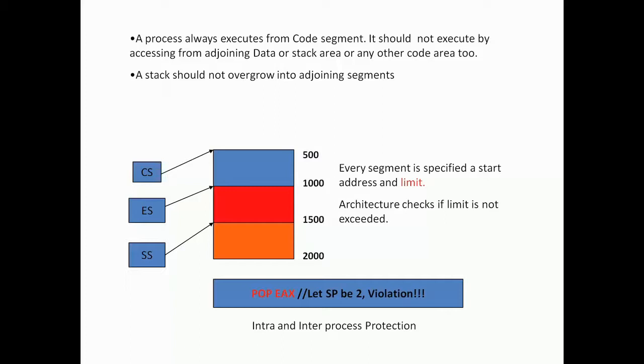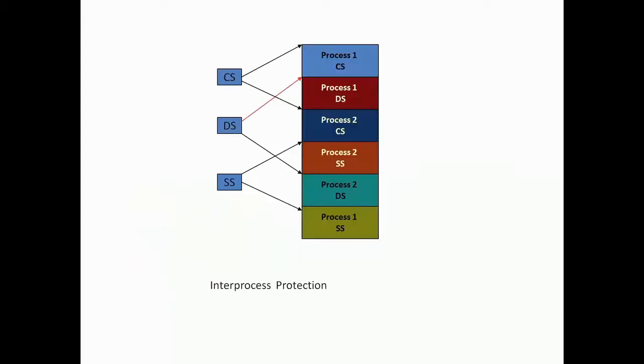Those things we have already seen, but in this context now I want to protect one process from another process. The code segment of process 1 should not execute the code segment of process 2, right. So this is called inter process protection. So what we saw in the previous slide was intra process protection, what we are seeing in this slide is inter process protection.